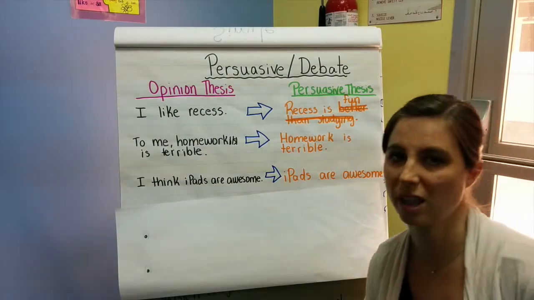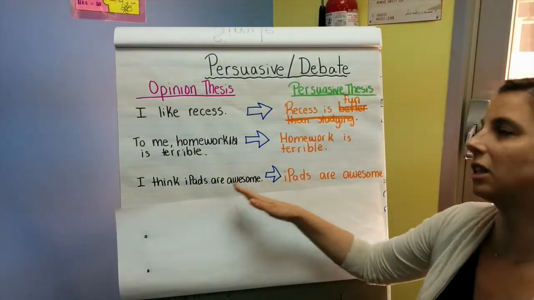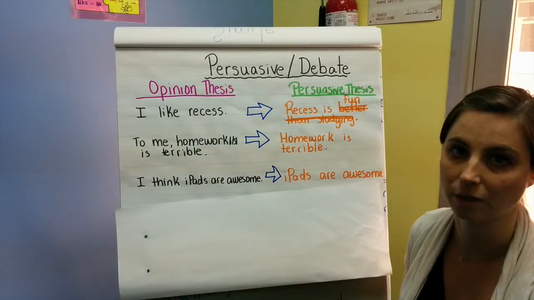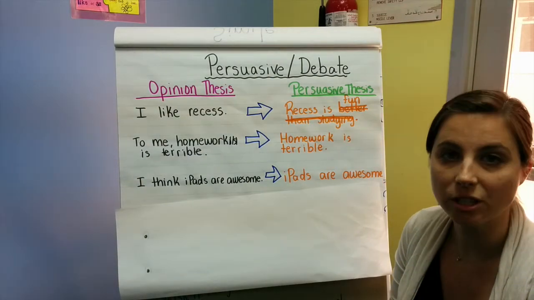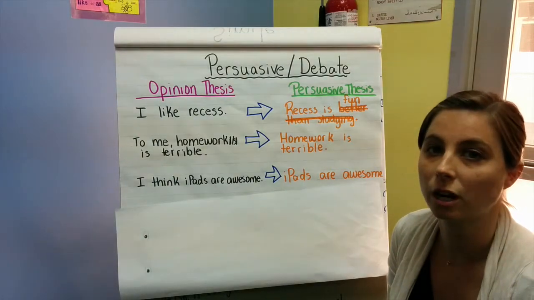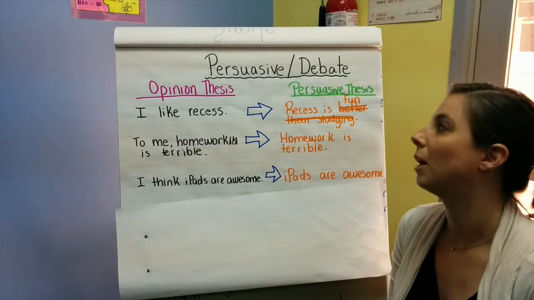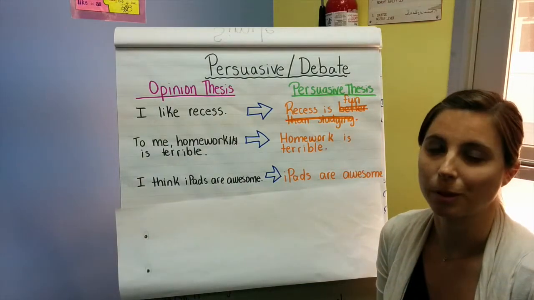As soon as you take away the I or the me, it changes it from an opinion thesis into a persuasive thesis. Okay? So that's all you have to do for this first part. I just wanted to give you an introduction to what the difference is between an opinion and a persuasive thesis argument.